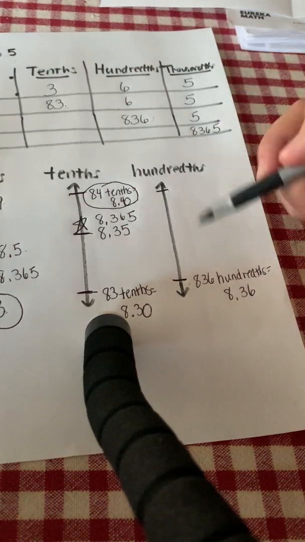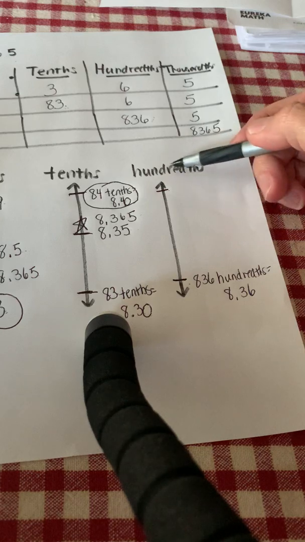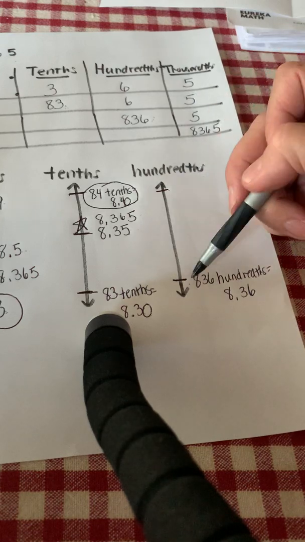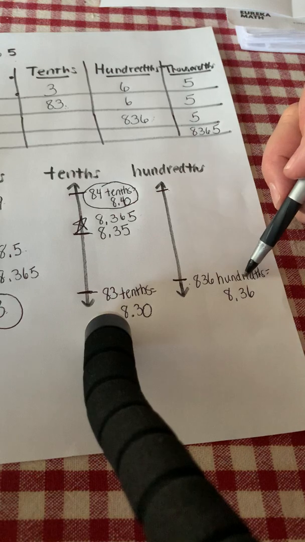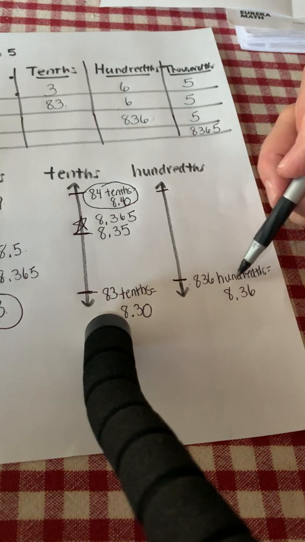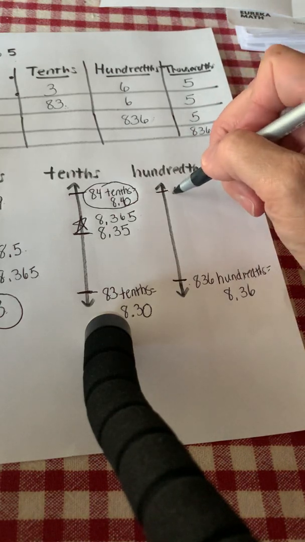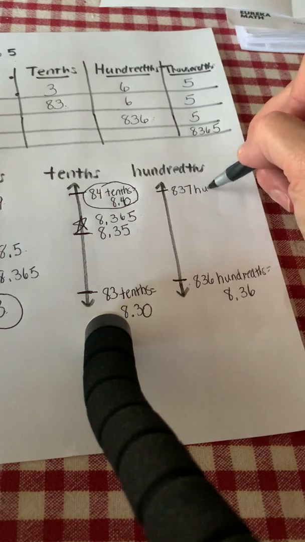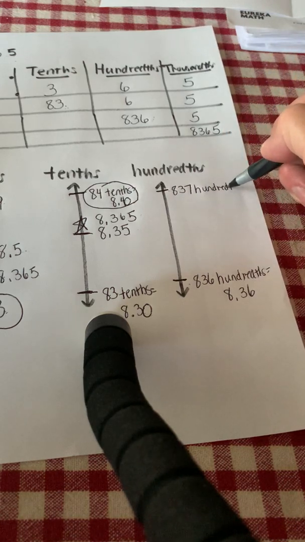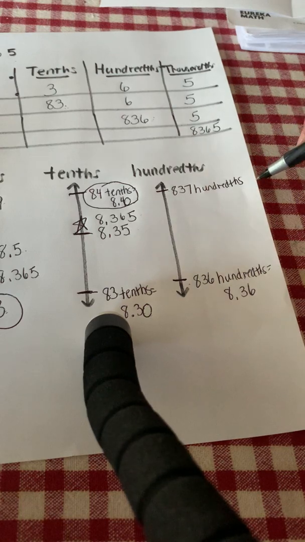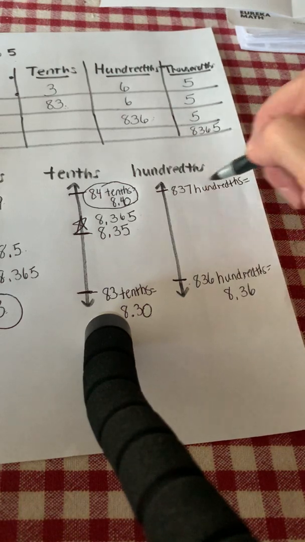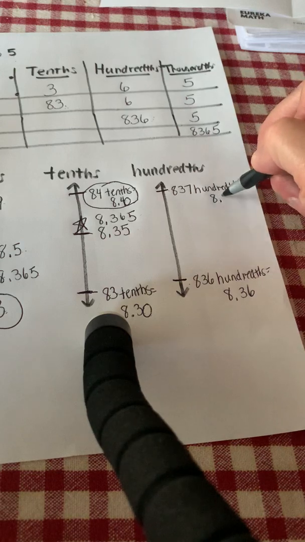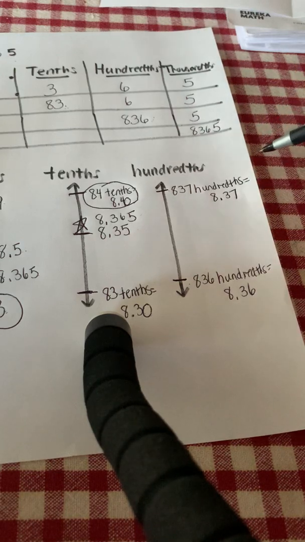My upper limit is 1 unit more, and now we're counting by hundredths. So 836 hundredths plus 1/100th would give me 837 hundredths. That's unit form, or standard form, 8 and 37 hundredths.